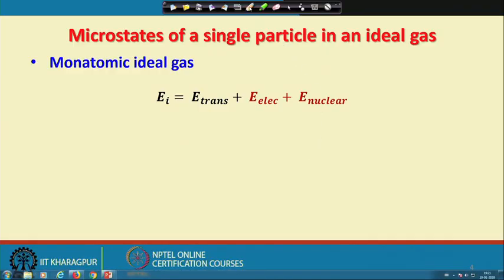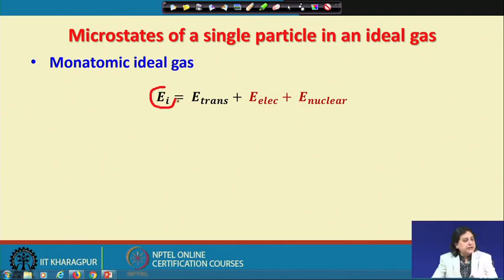If you would remember, then for monatomic ideal gases, for every atom present in the system, the allowed values of energy for this single atom could be separated into the contribution of the translational motion of the atom as a whole within the volume in which it is confined, and a sum of electronic and nuclear energies which are associated with the underlying microscopic structure of the atom itself.